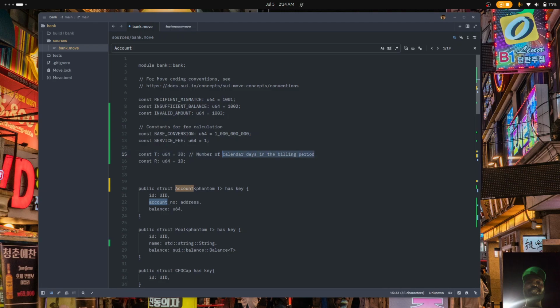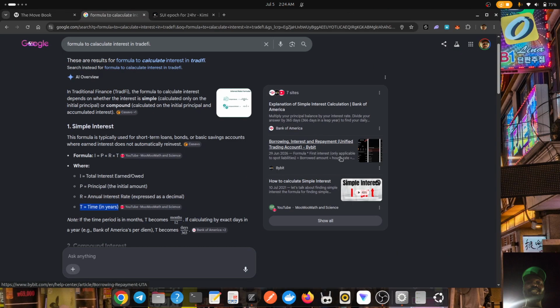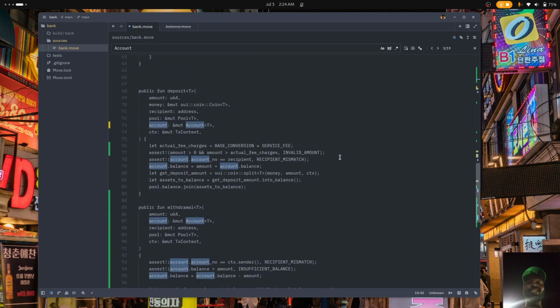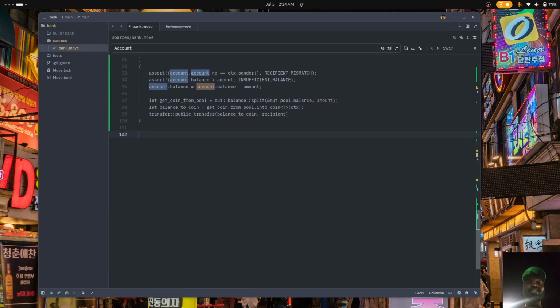Fix this now. The rate is constant for everybody. So this is a function.